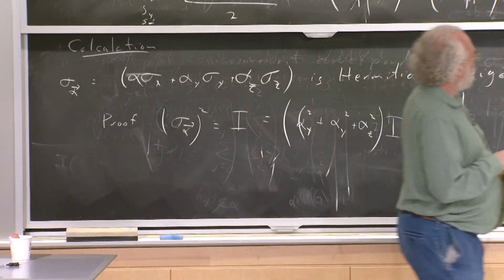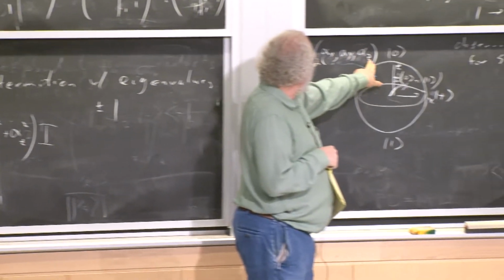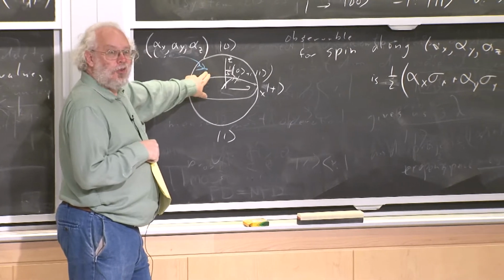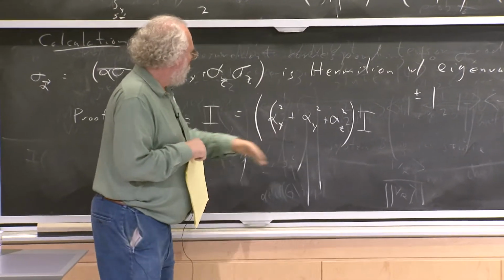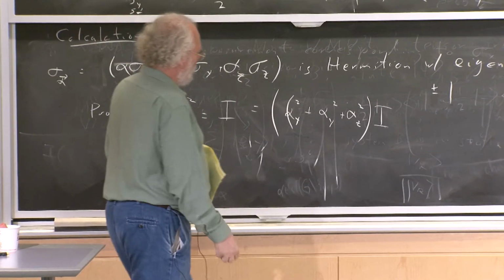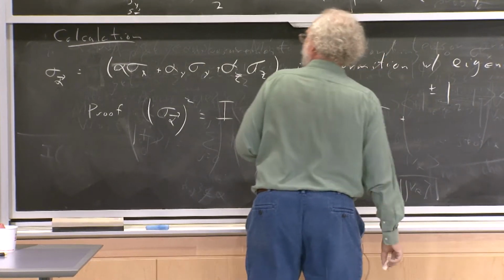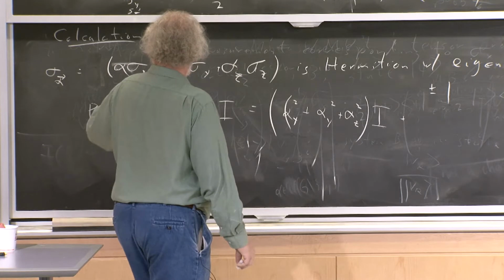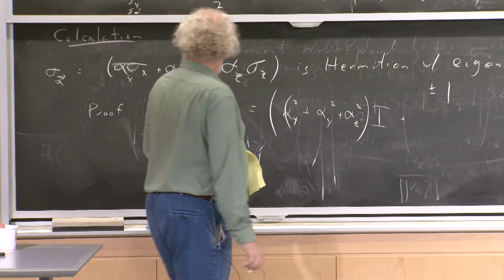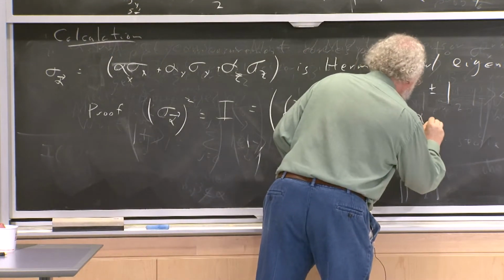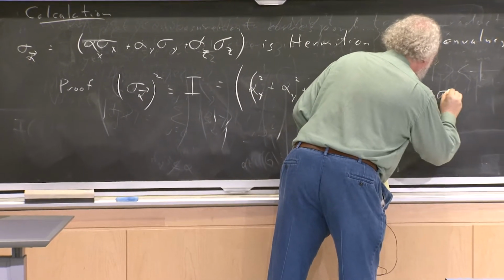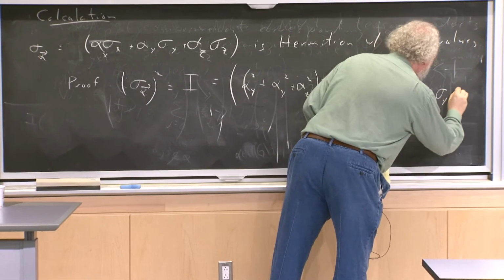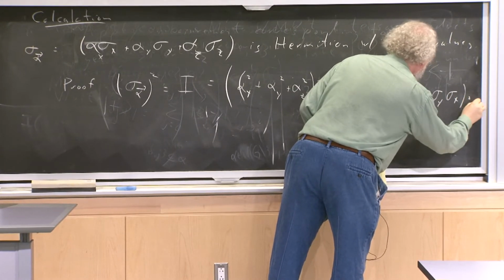And because this is a unit vector, because it's on the surface of the sphere, this is 1, plus alpha x alpha y (sigma x sigma y minus sigma y sigma x) plus dot dot dot.